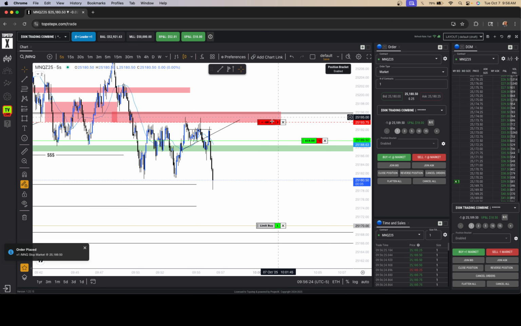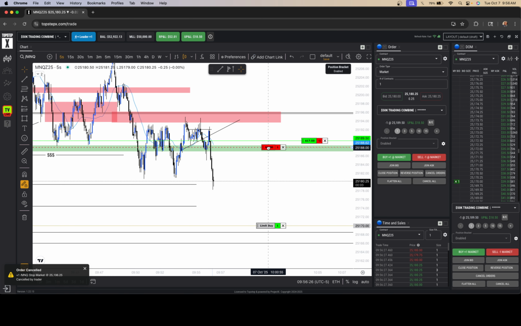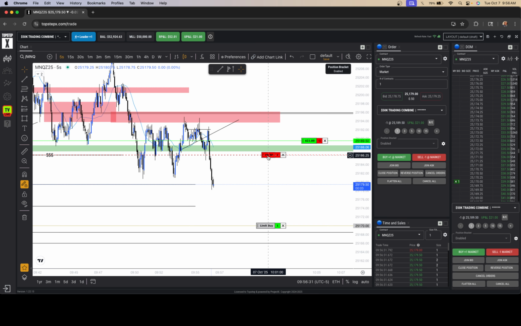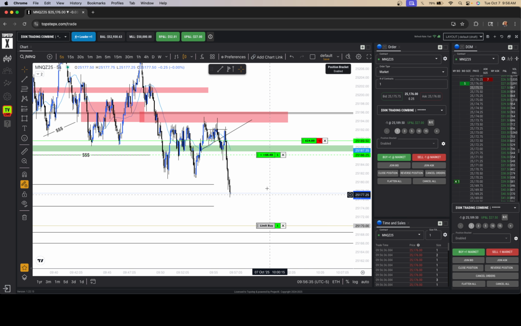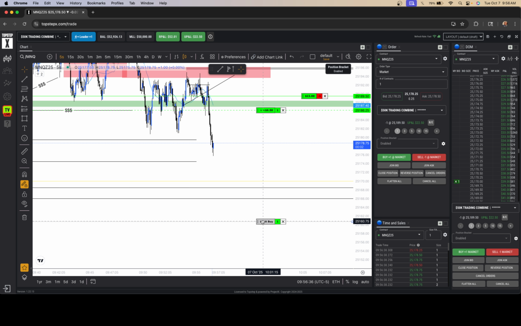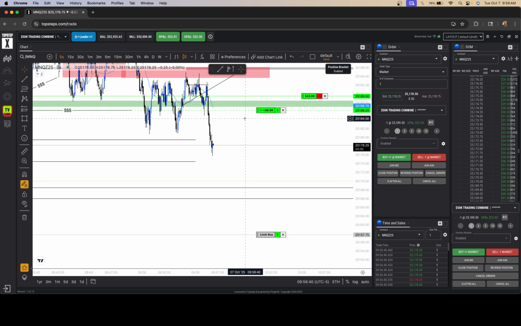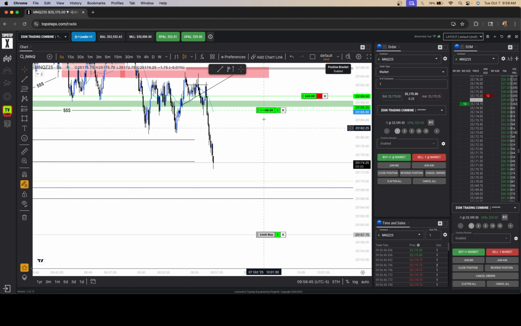So that's what we wanted to see. We want to see that flush now, that push through like I was talking about. Down through all of the lows. We push through that one. We push through that one. This is the final TP.